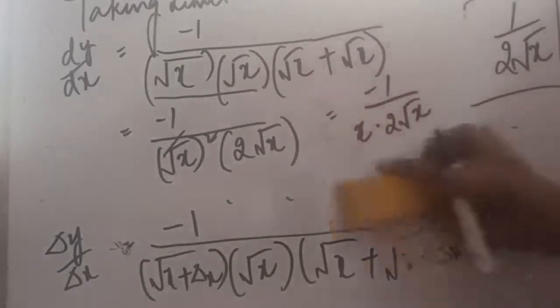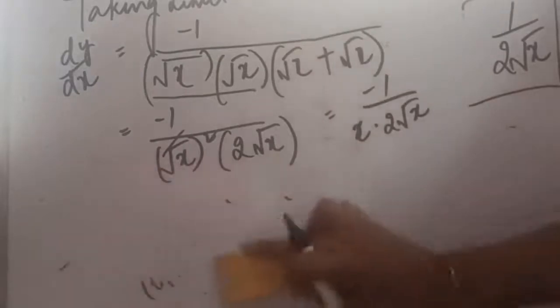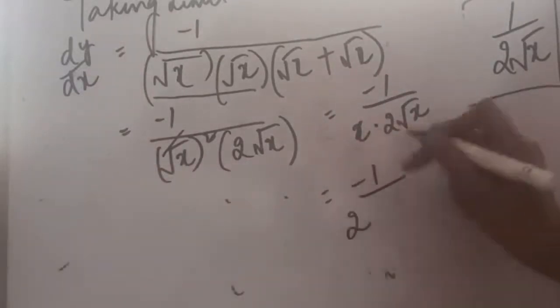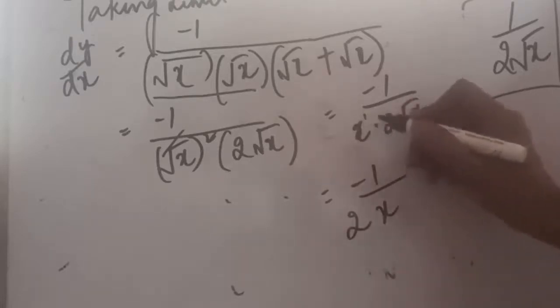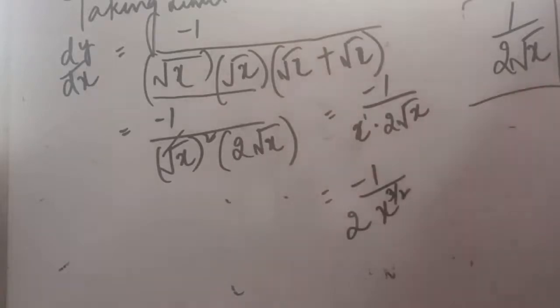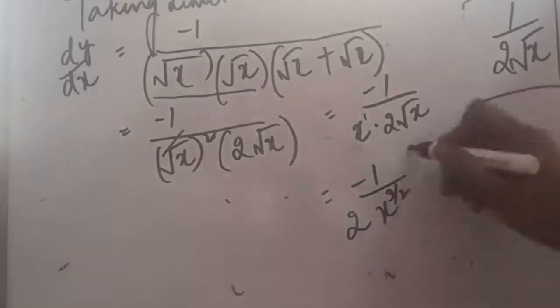Can we solve it further? Yes, of course we can. So minus 1 divided by 2 we can take out, and x has power 1 and this has power half. Bases are the same, so powers will be added, 1 plus half is 3 by 2. So this is the answer that we got from the differentiation of 1 upon root x. So this is our second answer.